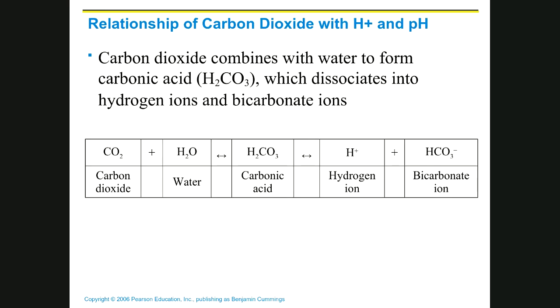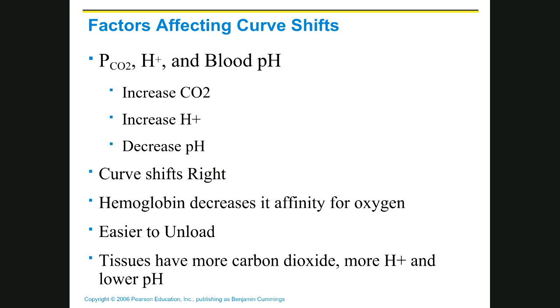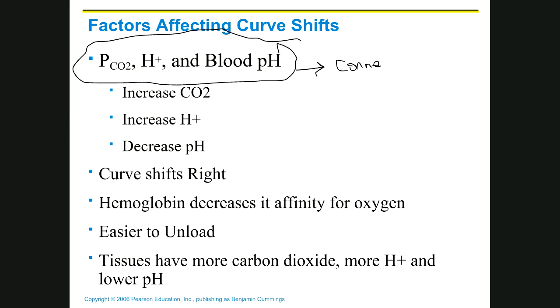So when we talk about it, we can talk about it together because they're so connected. You cannot separate them. They're so tightly connected to each other. So we can talk about them all at once.